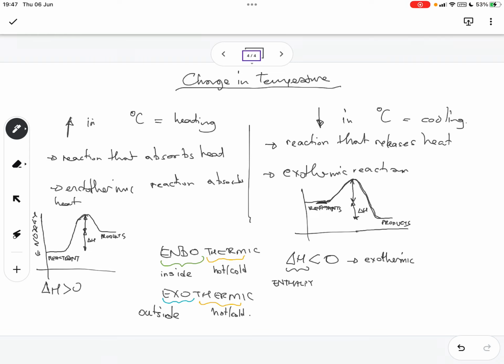Also, with closed systems, the substances in the reaction always react and react.